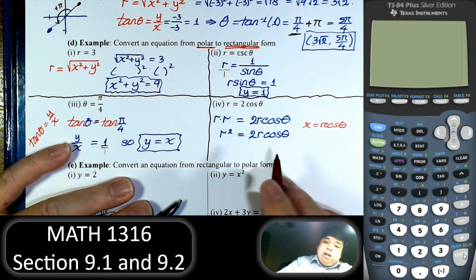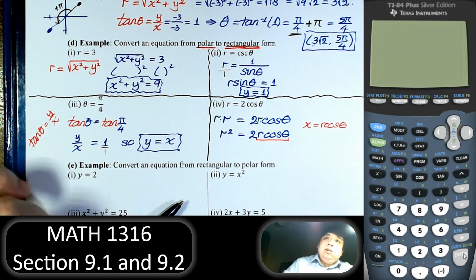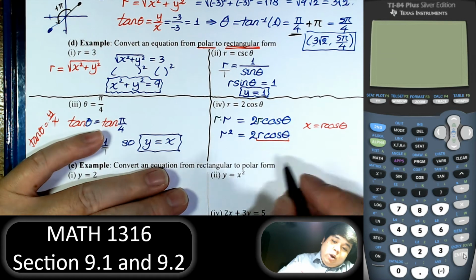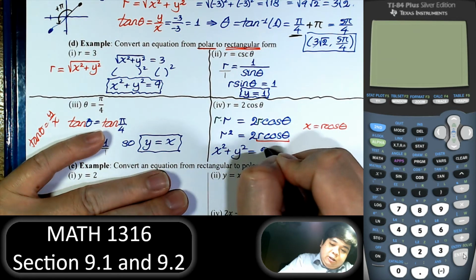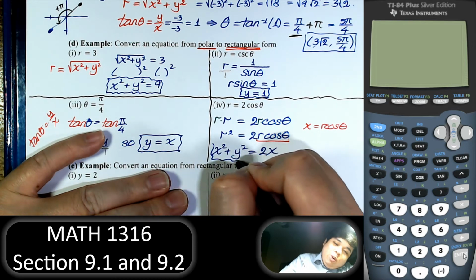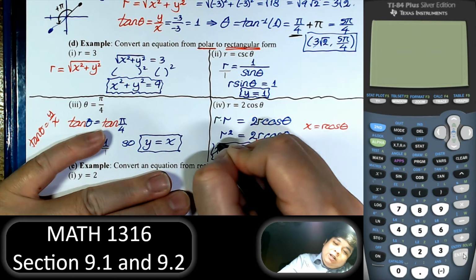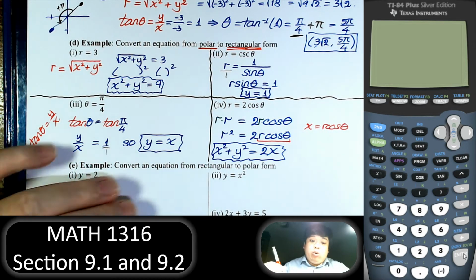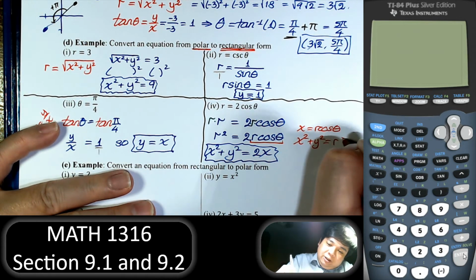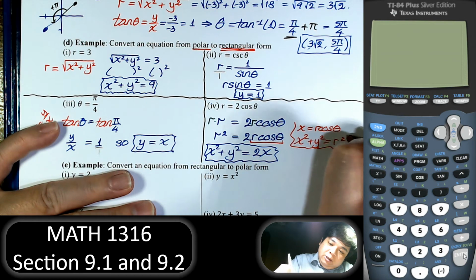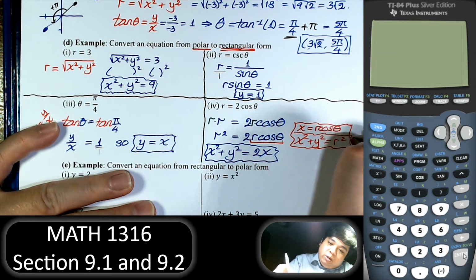So I substitute that in for x. And r squared is x squared plus y squared. So now we have the equation in terms of only x and y. That's exactly what we want. Yep. That is the formula we have.